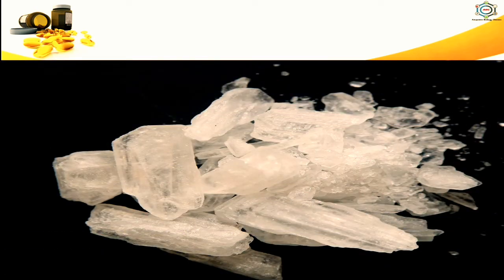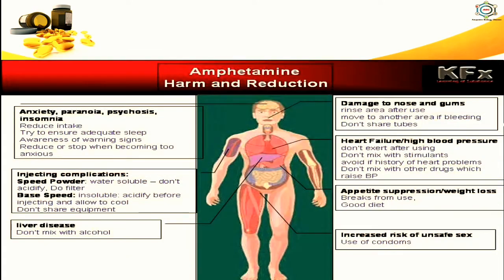Now amphetamines. Amphetamines are synthetic drugs commonly called pep pills or anti-sleep drugs. Amphetamines are a strong CNS stimulant and produce increased self-confidence and flow of ideas besides causing excitement and alertness.